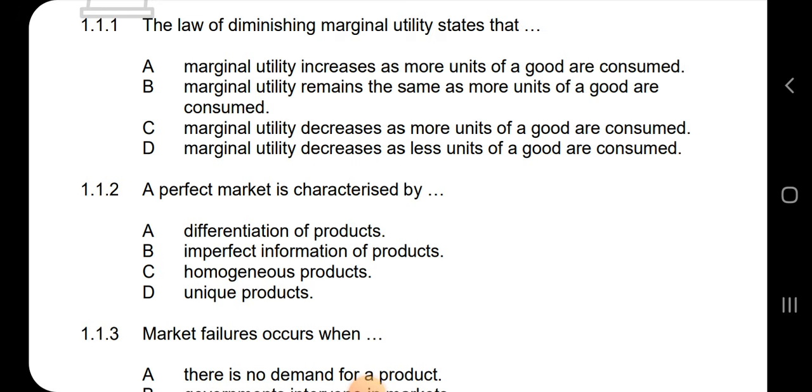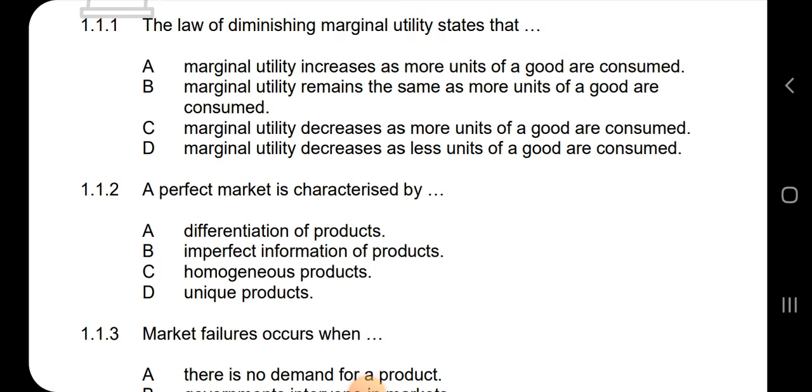For the answer to 1.1.1, you look at those answers and you must know the law of diminishing marginal utility. It states that marginal utility decreases as more units of a good are consumed. So for 1.1.1, the answer there is number C. And then 1.1.2 says, a perfect market is characterized by homogeneous product.